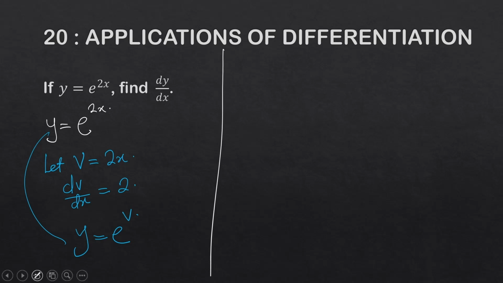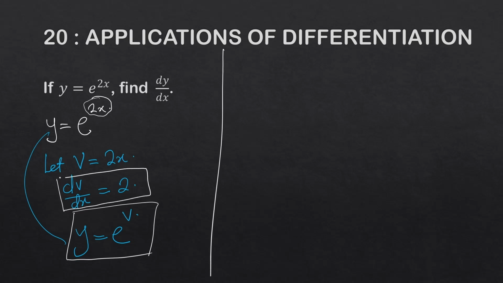Look at what I'm saying: I have already called this one v, so it is right to write the equation like this because the power is already v, and I have found the derivative of v. So the next thing is dy with respect to dv, which is going to be e^v.